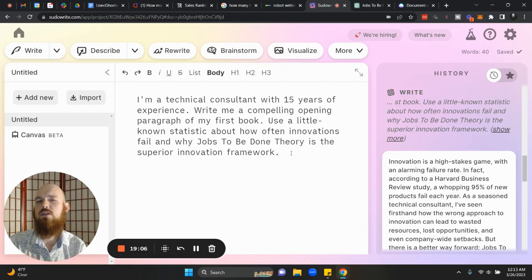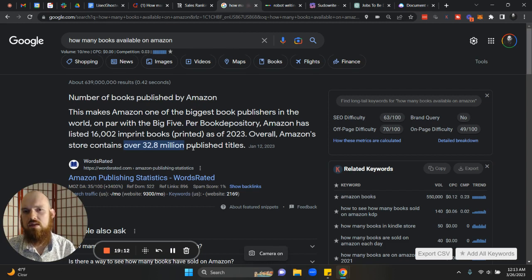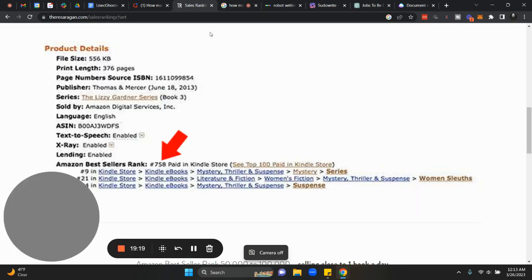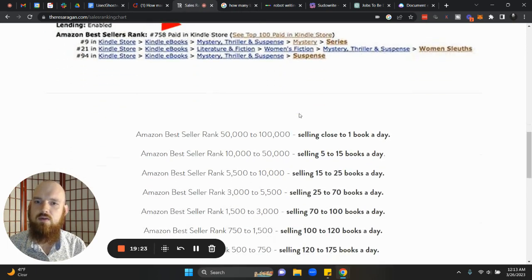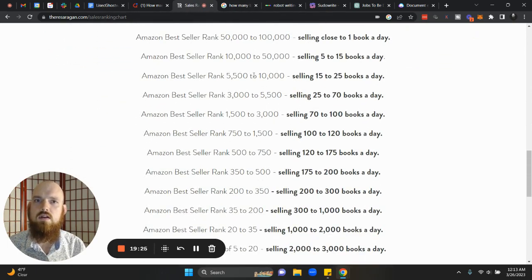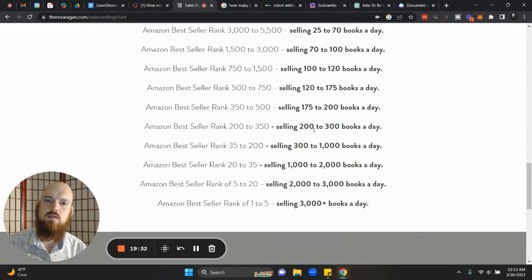Let me give you a little preview of how that's going to go. So right now, there are 32.8 million published books on Amazon. We're going to borrow T.R. Reagan's website here real quick, because Reagan has done a good job of telling us the following information. And remember, keep in your mind, 32 million books on Amazon. How many sell 1,000 books a day?